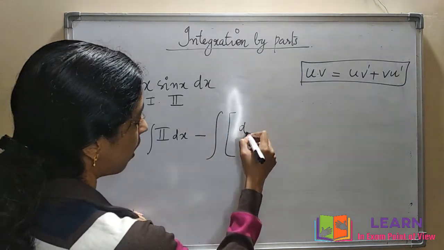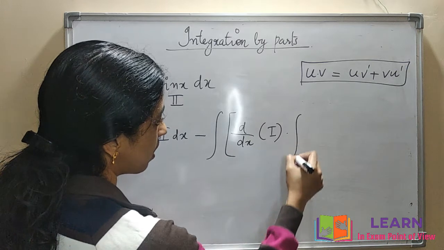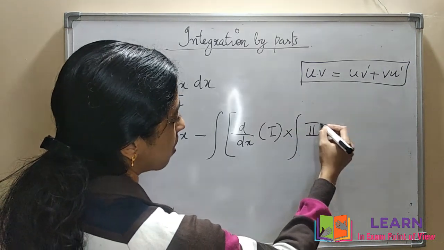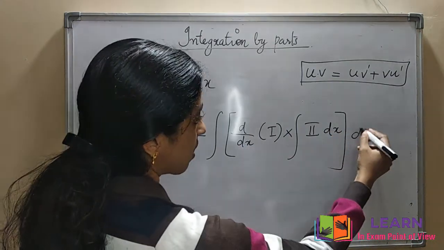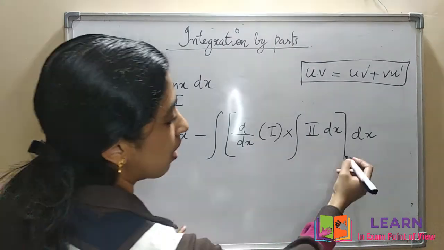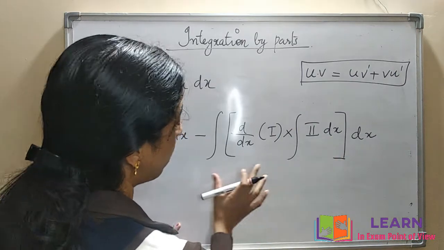Minus integral, derivative of first into integral of second. Then as a whole for this integral, dx, and inside the bracket too, integral dx.